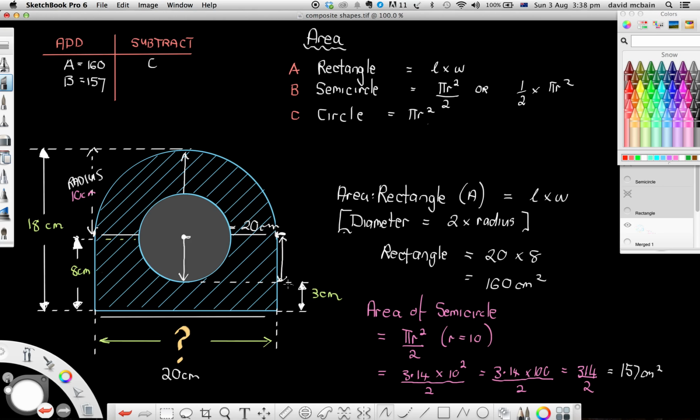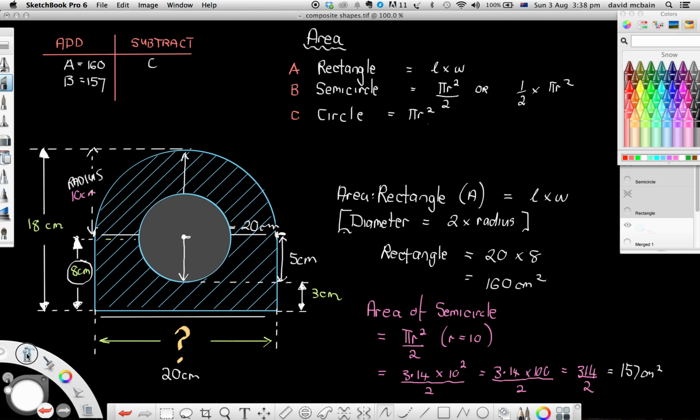Now, we know that from that section to there is 8 centimetres. And we know that from here to here is 3, so that distance there is 3. So this distance here must be 5, because both of these must add up to 8. So we can now see that the radius of our small circle is 5 centimetres.